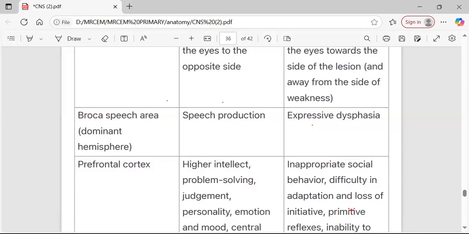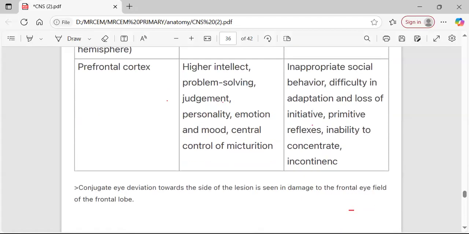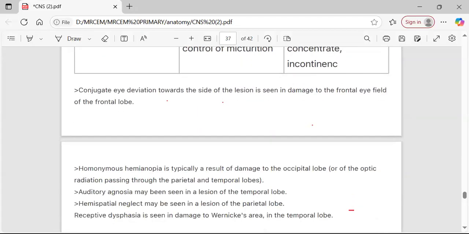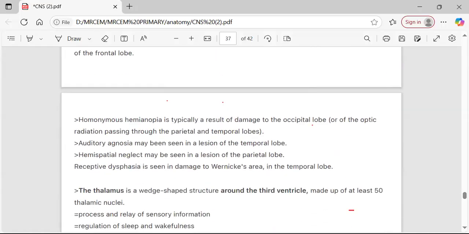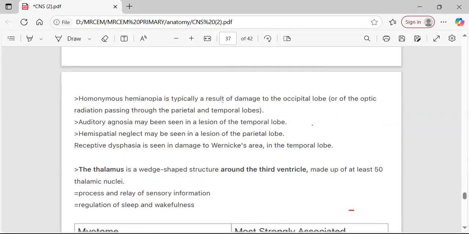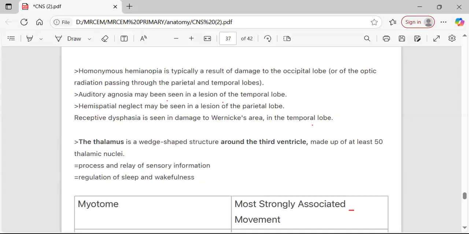Broca's area we discussed, in the dominant hemisphere, speech production, prefrontal cortex. Auditory, we discussed. Visual, we discussed in the occipital lobe. Hemispheric neglect, parietal lobe. Receptive dysphasia, that's the temporal lobe.